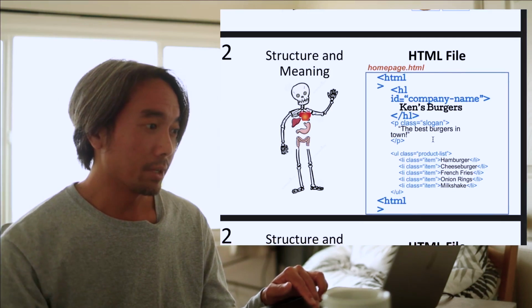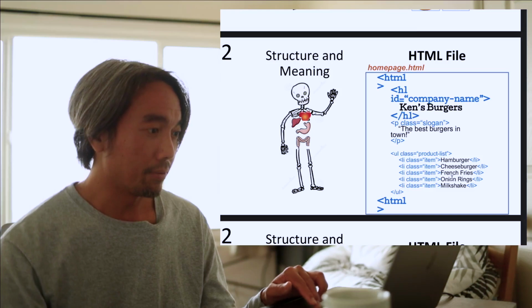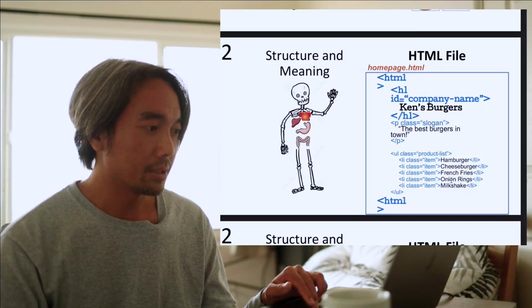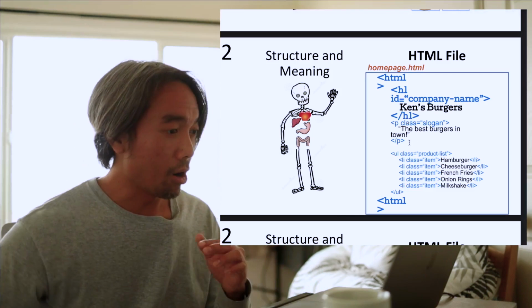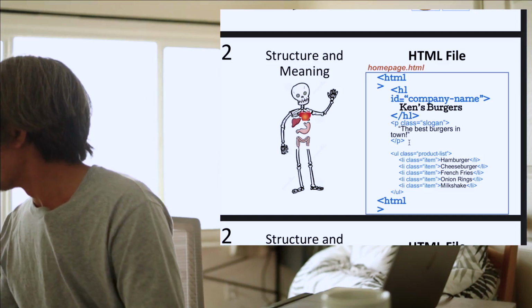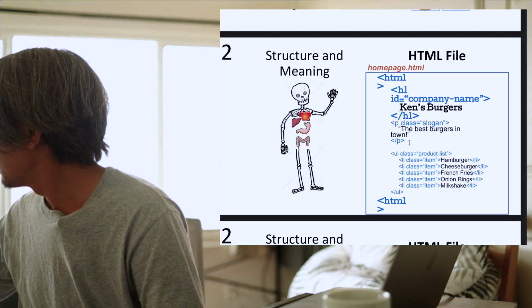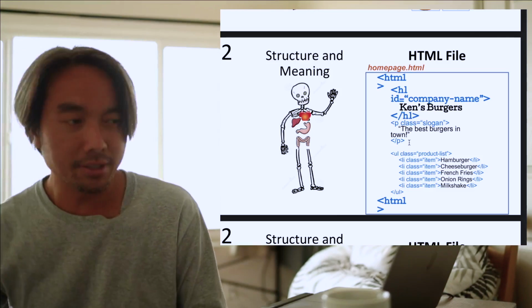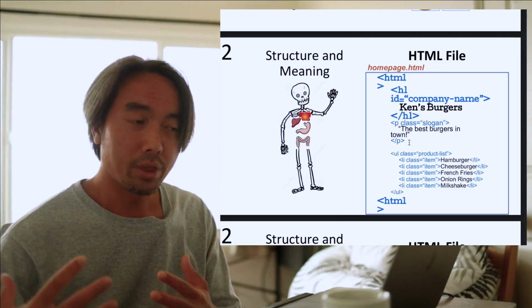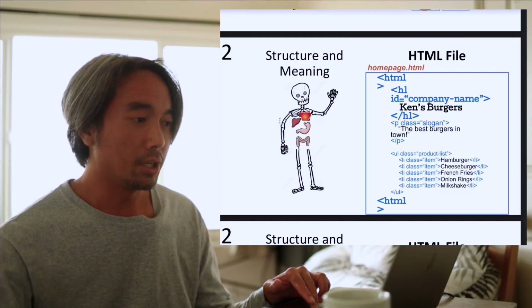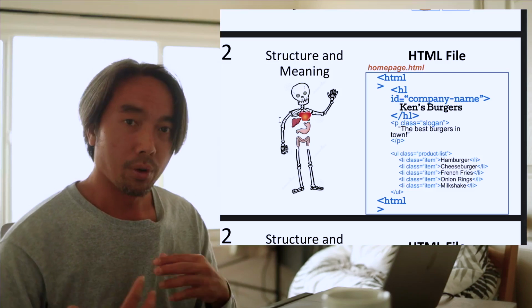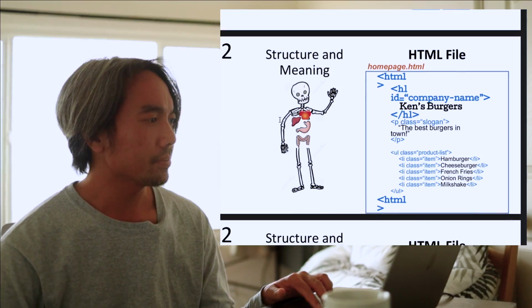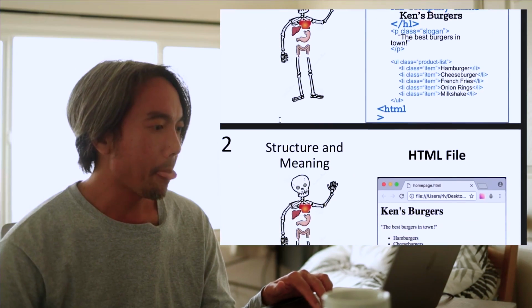Next, my slogan comes next. And finally, I put my list of products. So as you can see here, we are structuring our data with our HTML file, similar to how, in the human being, the skeleton provides structure for the organs. More on that to come.